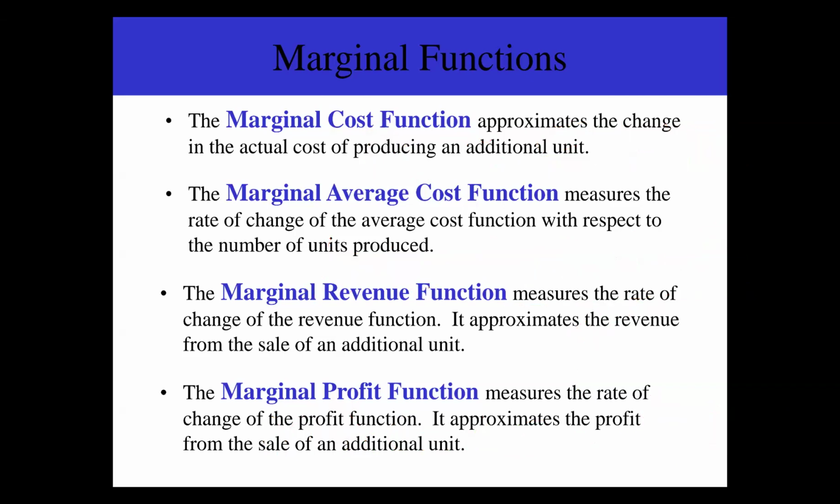Then the marginal revenue function. The marginal revenue function measures the rate of change. So what this does is that you are given the total revenue function. If you are given the total revenue function, you differentiate it with respect to the variable, maybe Q. You will find the marginal revenue.